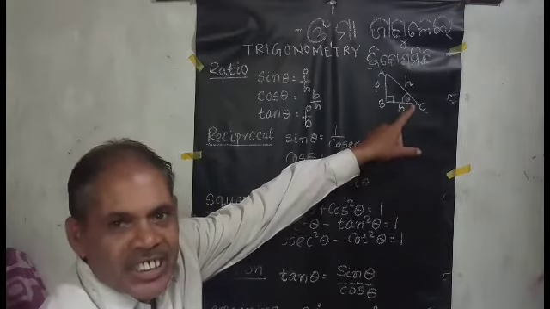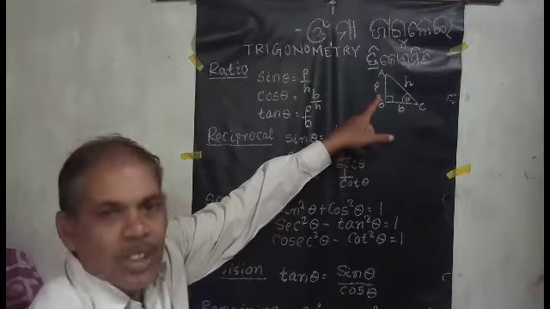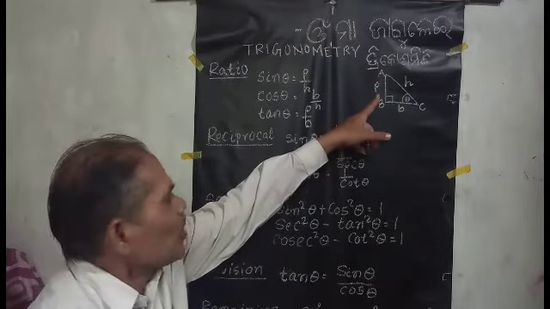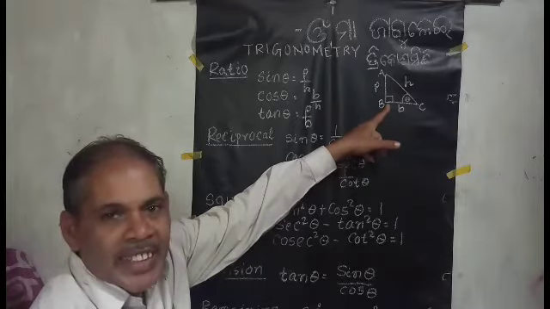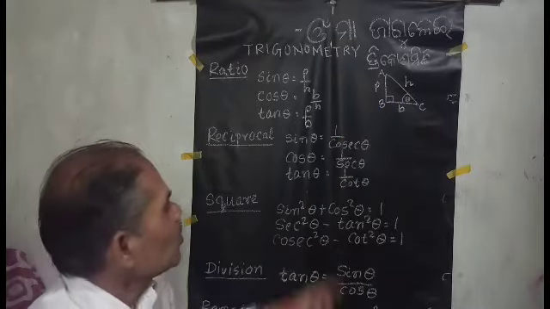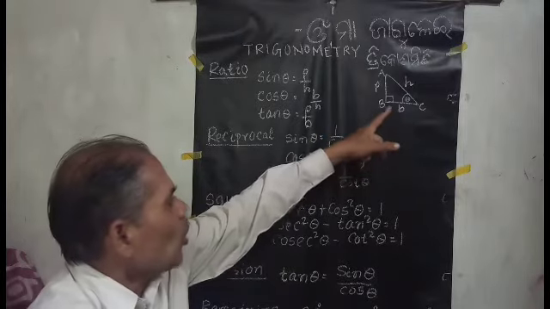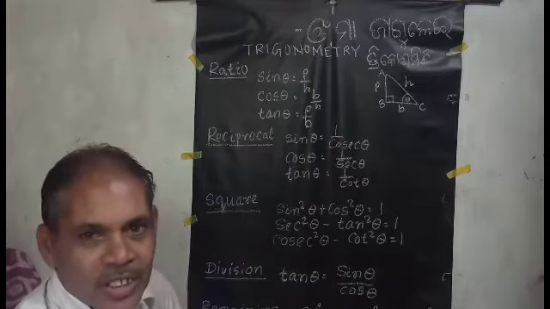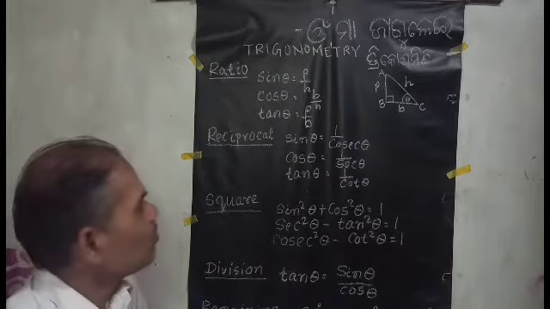Angle C is known as theta, and the side in front of theta is called P, perpendicular. The side in front of the right angle is called H, hypotenuse. The other side is called base.